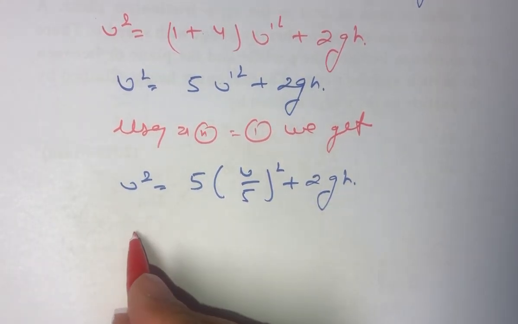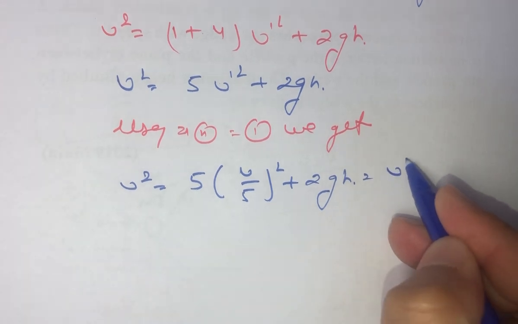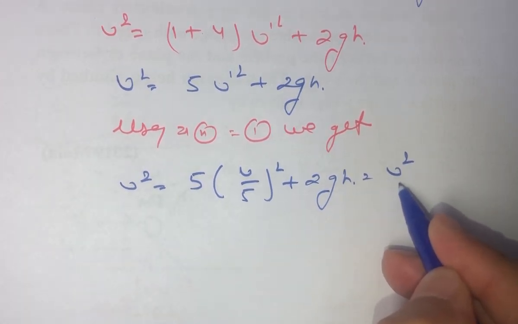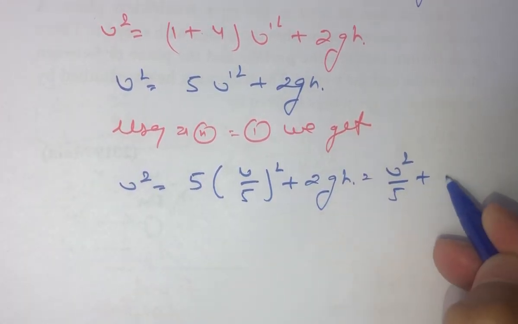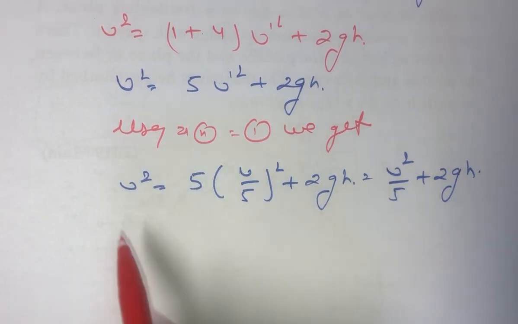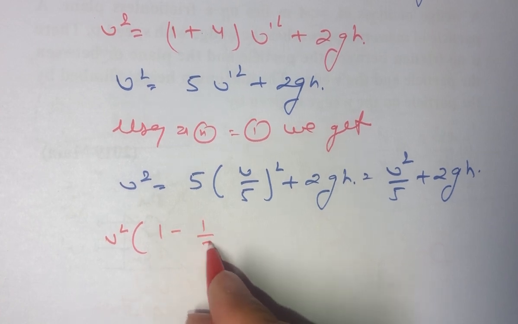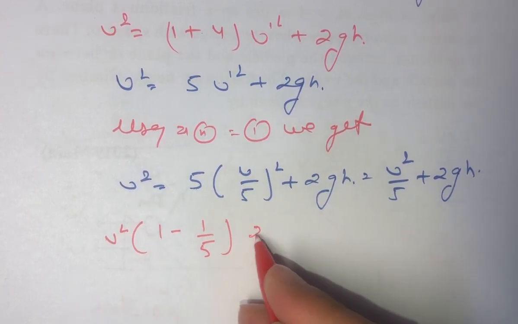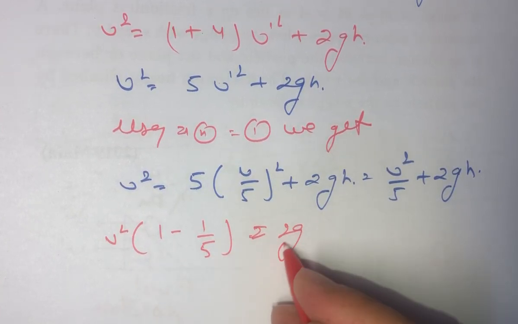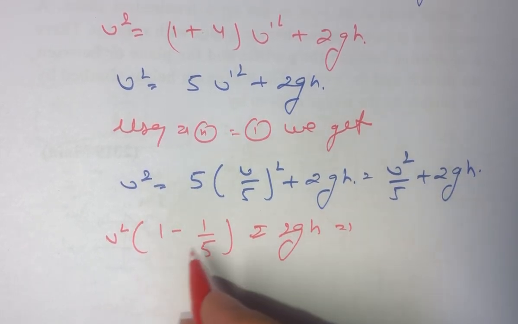So which basically means this will be equal to v square by 5 plus 2gh, and combining the like terms we get v square times 1 minus 1 upon 5 is equal to 2gh.